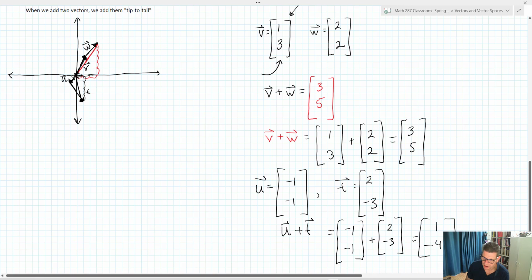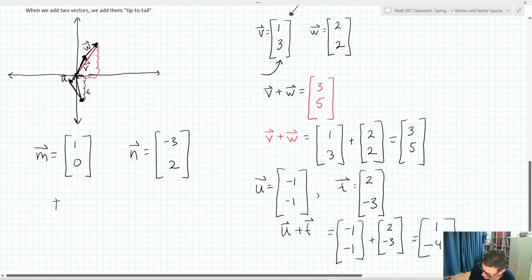So now I'd like you to try it on your own. We're going to use m and n. So I've got m is equal to 1, 0, and n is equal to -3, 2. Find m plus n, and draw it geometrically.